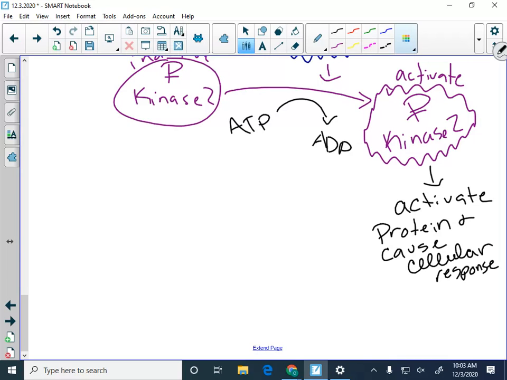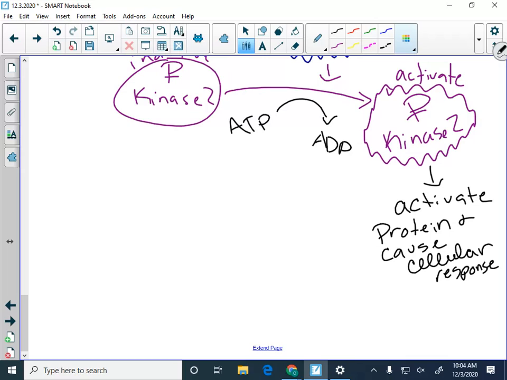Because kinases take a phosphate group from ATP and add it to a protein. But if this protein kinase 2 is activated, it will continue to trigger this cellular response, but we don't need cellular responses all the time. It's a response for a reason. So we have to be able to shut this protein kinase 2 off.